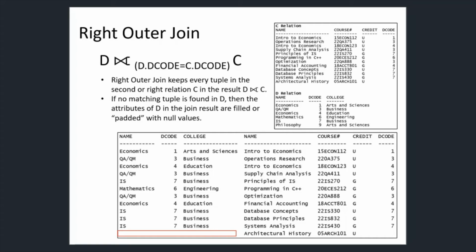Now, pay attention to the architectural history class, and you'll notice that it does not have a department code. The D code for architectural history is null, and therefore it does not have a matching tuple from the D relation, and as a result, those values are null in the relation that results from our right outer join.